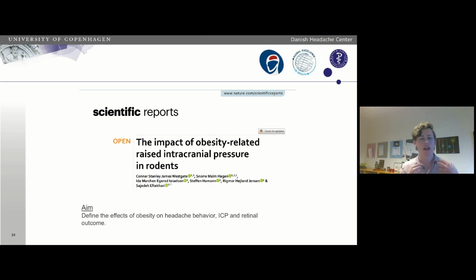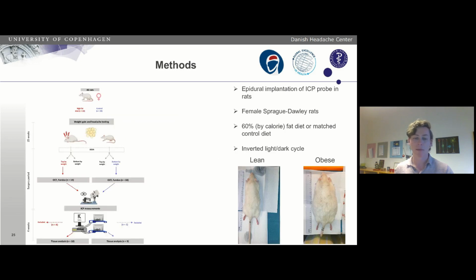So now we have a system that works to measure intracranial pressure. We wanted to look at the effects of obesity on intracranial pressure, to help us model idiopathic intracranial hypertension a little bit better. So here we just wanted to define the effects of obesity on headache, behavior, intracranial pressure, and retinal outcome.